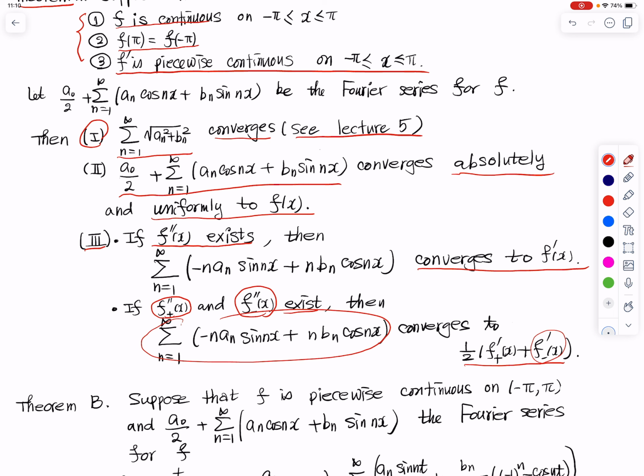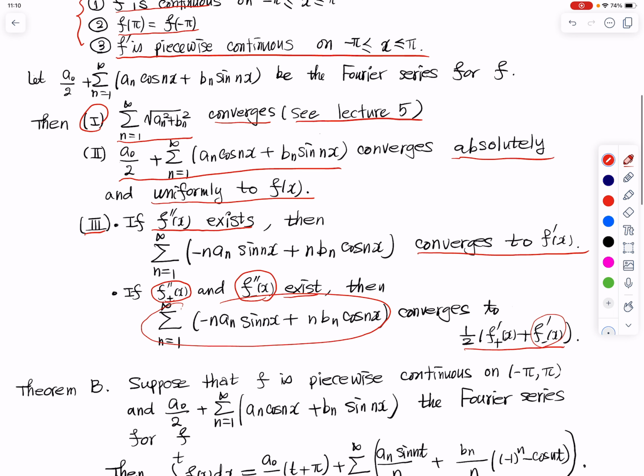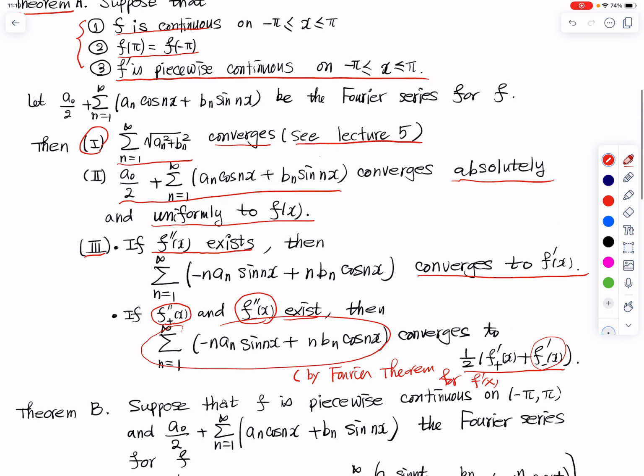So the number 3 is a consequence of the Fourier theorem. You can apply the Fourier theorem for f prime x. So we don't need to prove this one, which I just wrote down here.